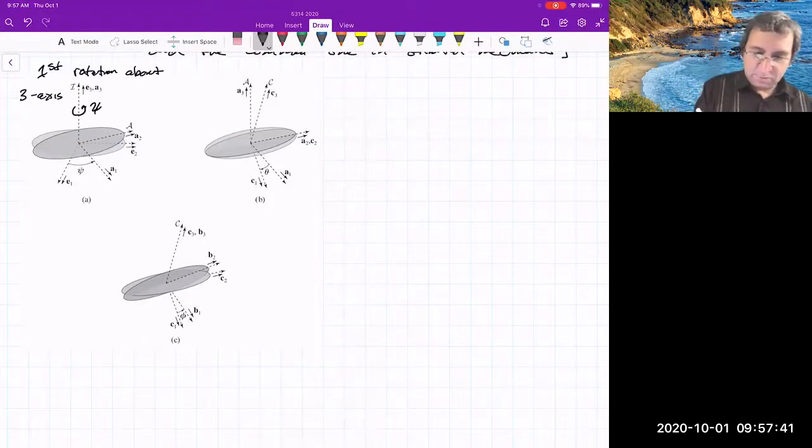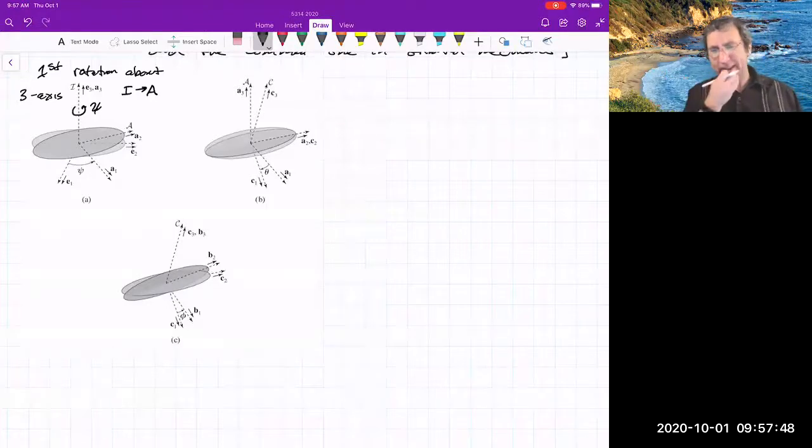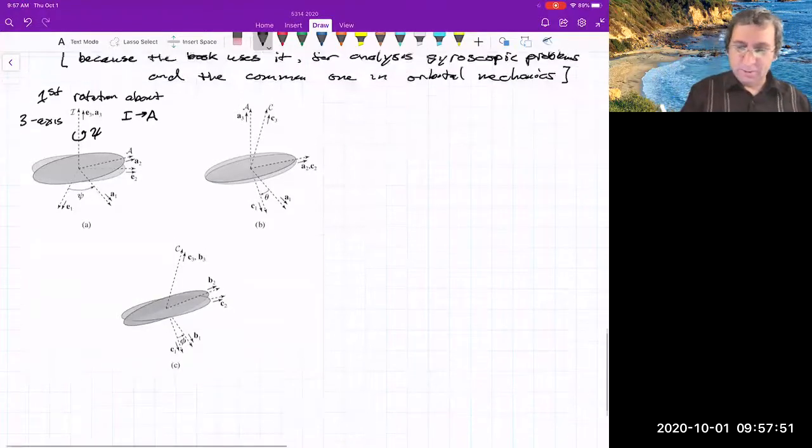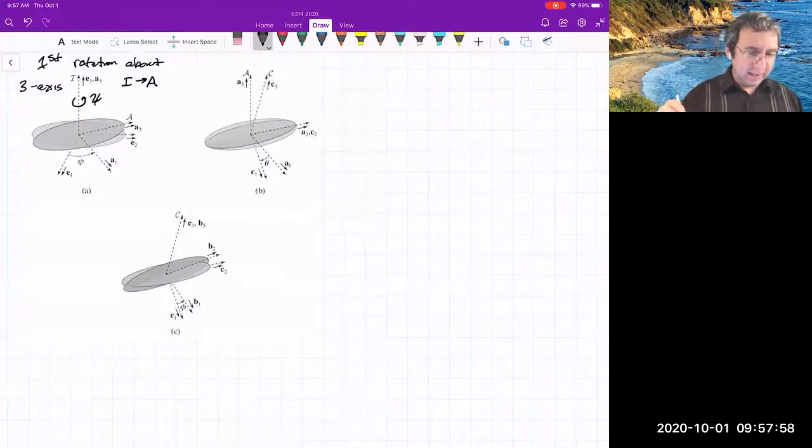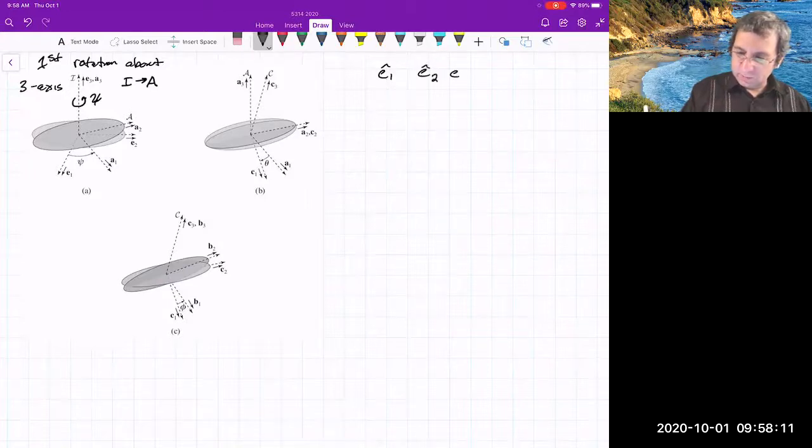Okay, and this takes us from the inertial frame to what we'll call the A frame. A is just some kind of intermediate frame. So A and C are intermediate. Finally, we want to get to the B frame. So the first rotation is about the number 3 axis. And it takes us from the inertial frame unit vectors, which we described with these E things, to the A frame unit vectors.